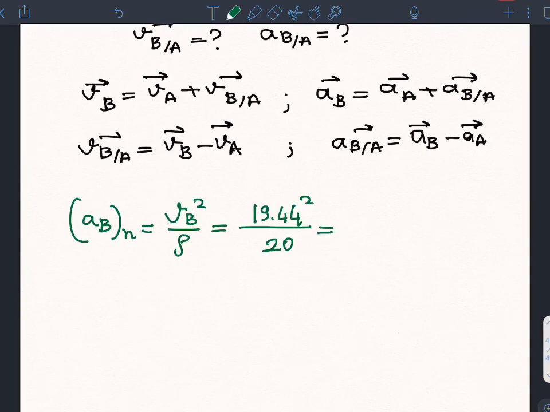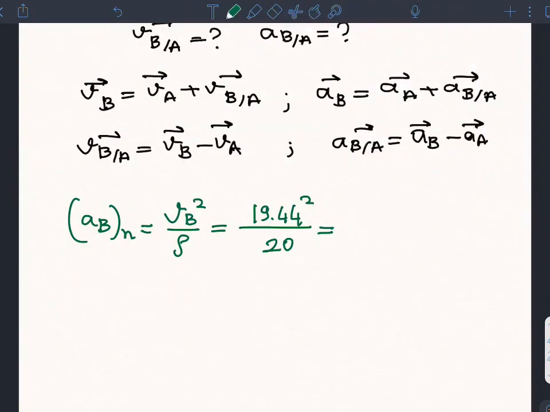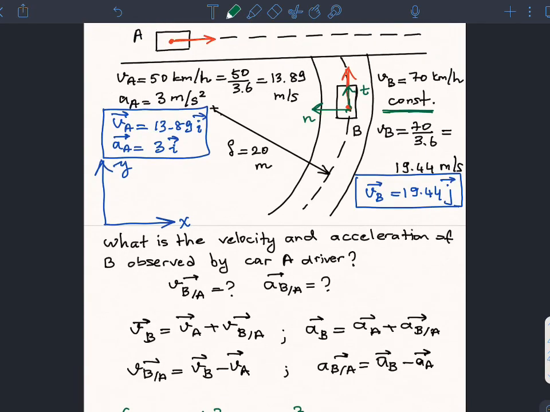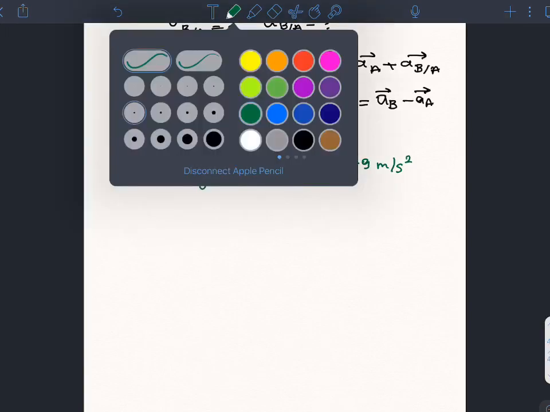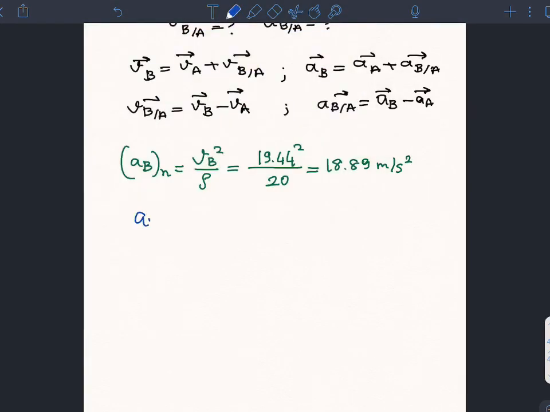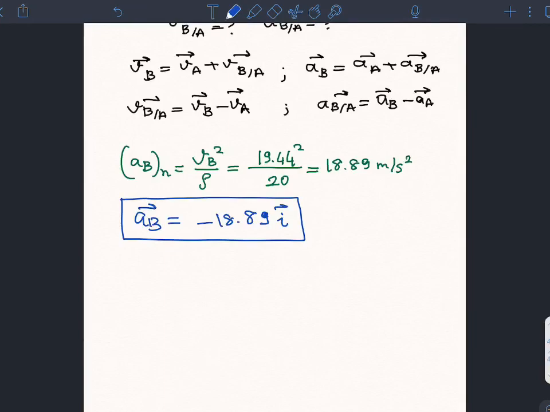So the acceleration of B is going to be 18.89 meter per second square. If you look at the direction of the normal, it is in the negative x direction. So if I want to write AB in vectorial form, AB is going to be negative 18.89i. So this is the acceleration of B as a vector.